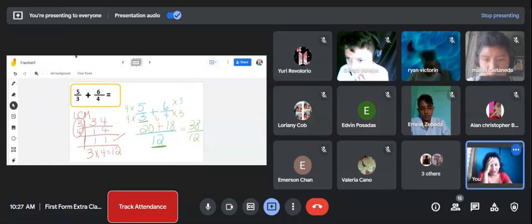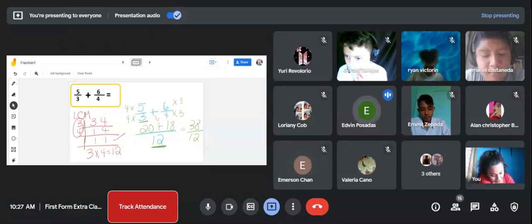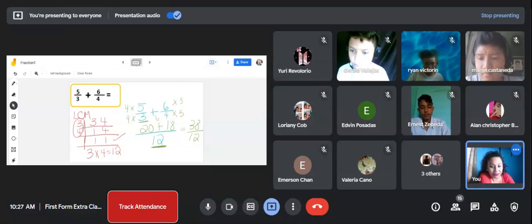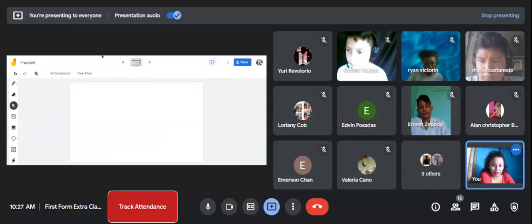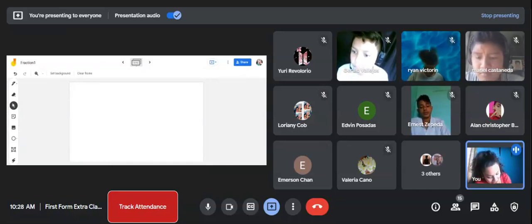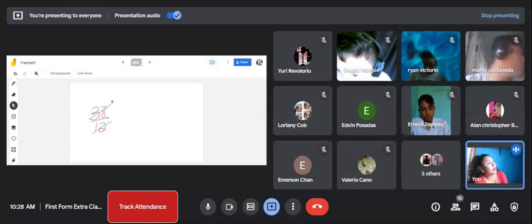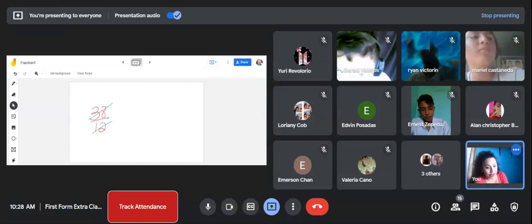What is the first number that I can divide both 38 and 12 by? 2. Let me make another slide so that I can show you guys. And we have 38 over 12, right? We want to reduce this, so I'm going to cancel by 2. How many times does 2 go into 38?